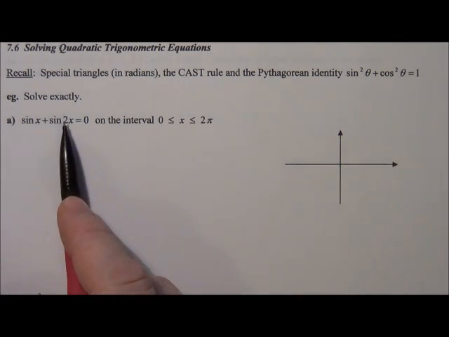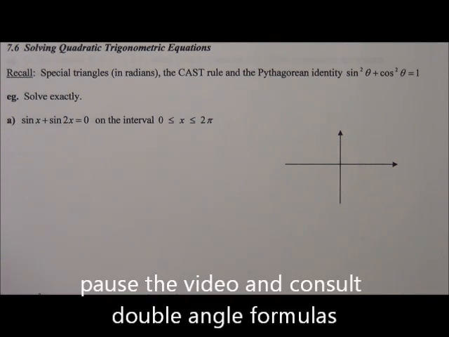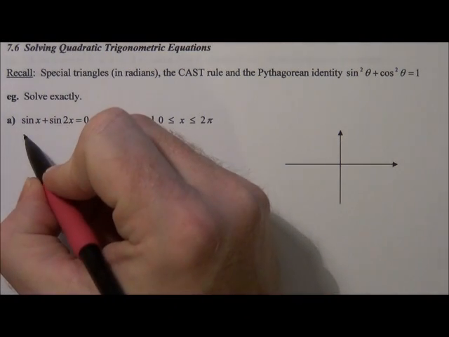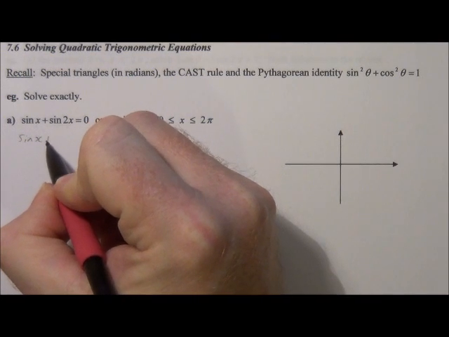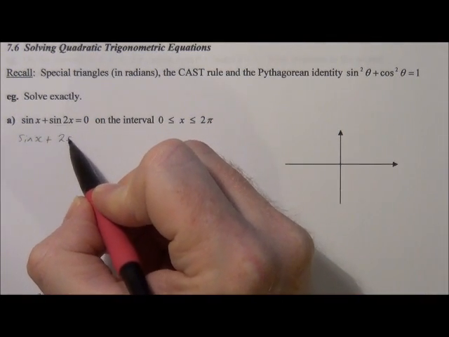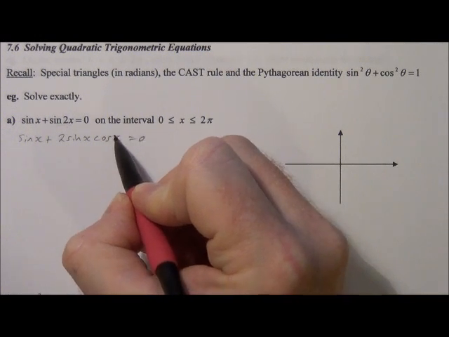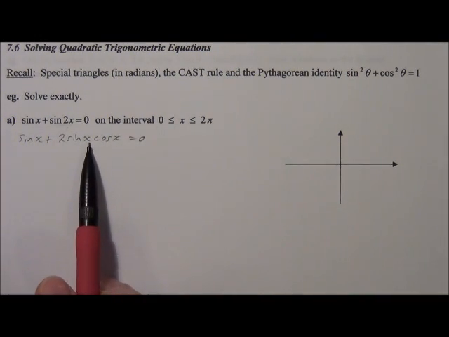So we need to rewrite this into a formula that we already know, so that we're just dealing with single angles. What would sine 2x be written as? So we can say sine x plus 2 sine x cos x equals 0. That's the double angle formula for sine.